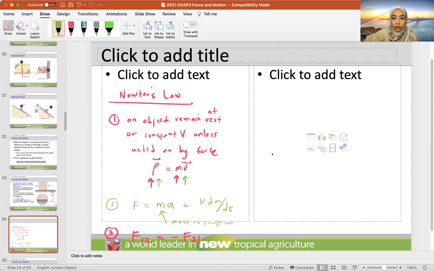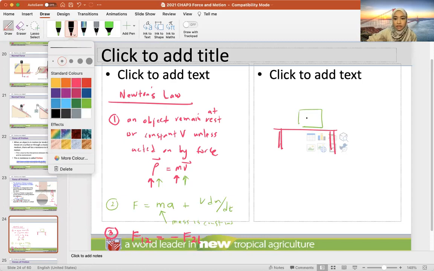And then we talked about forces of an object. Kita belajar specifically for external forces. If I have a box on a table, how do I draw the free body diagram?